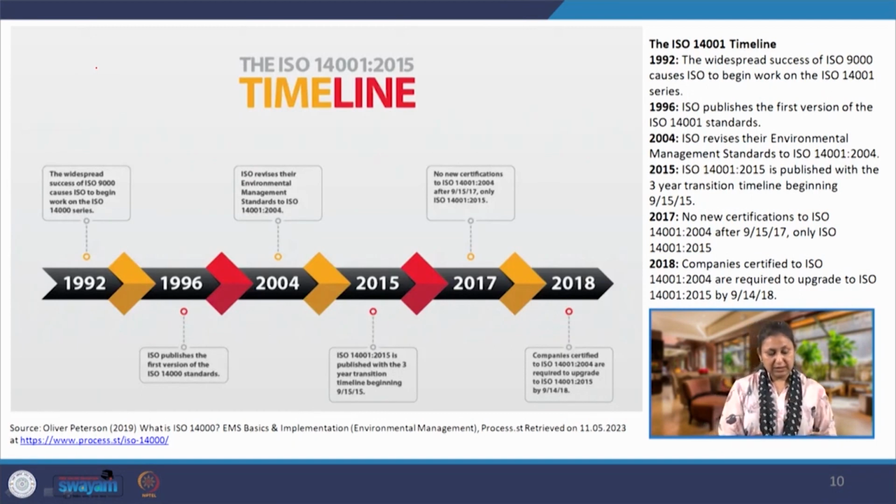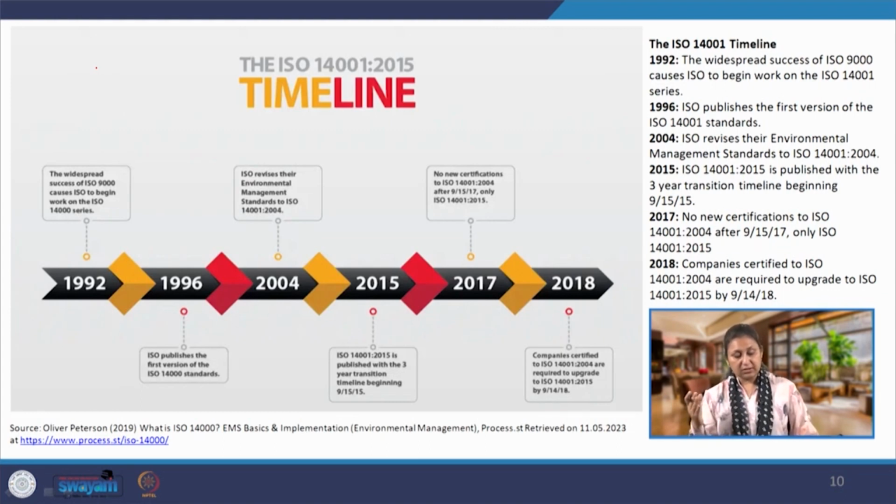Quickly looking at a timeline, there is the success of ISO 9000, which has led to the work starting on the 14000 series, the environmental management series. From then on, in 1996, the first version of the ISO 14000 standards was published, and then a major revision happened in 2004, and then another set was published in 2015, the same year when the Paris Agreement happened.